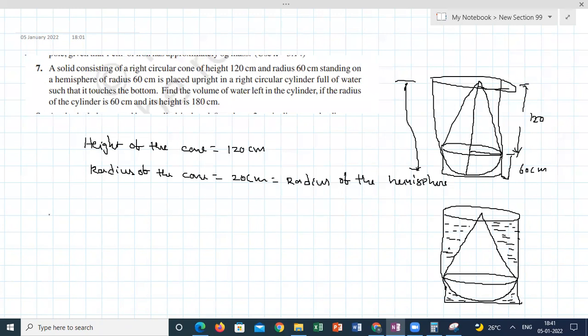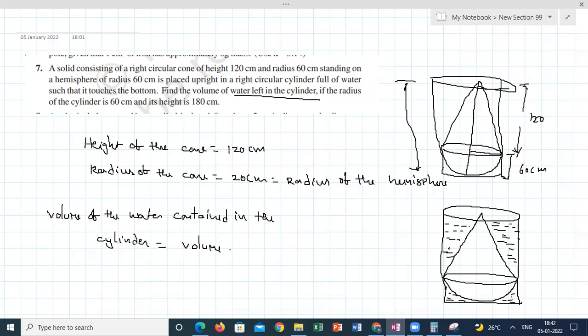So volume of the water left in the cylinder is equal to volume of cylinder minus volume of cone minus volume of hemisphere.